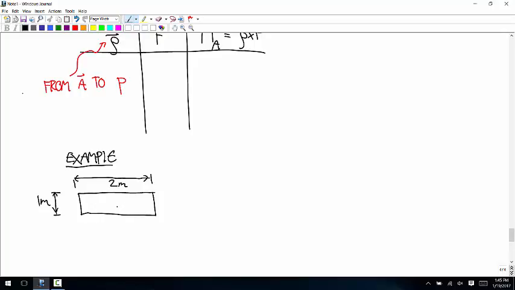And let's say that there is a 1,000 Newton force applied down at the center and 2,000 Newton force applied up at the corner. And let's say our about point is here.